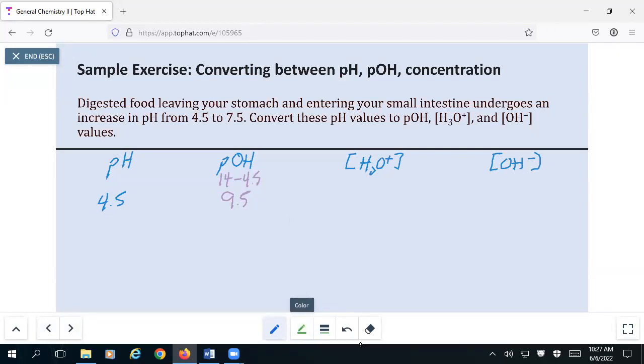So 10 to the negative 4.5 for hydronium is 3 times 10 to the negative 5th molar.